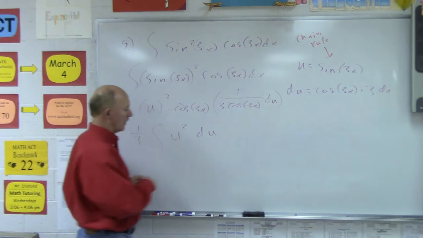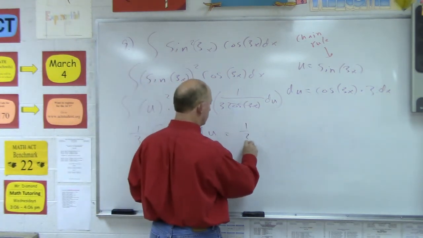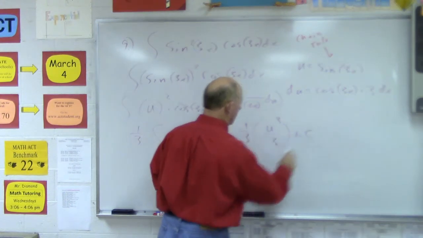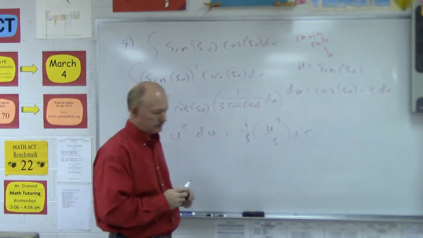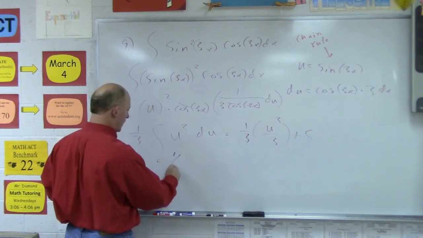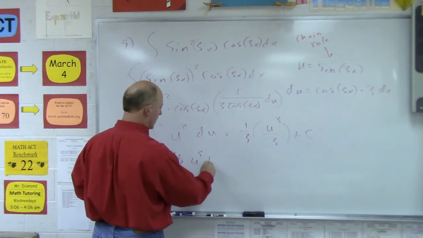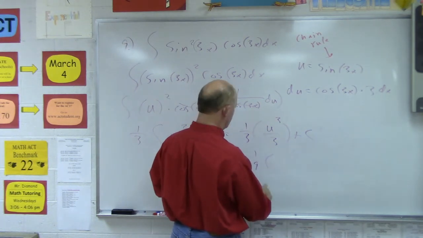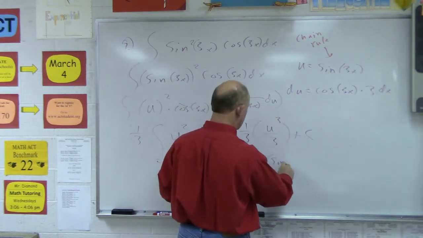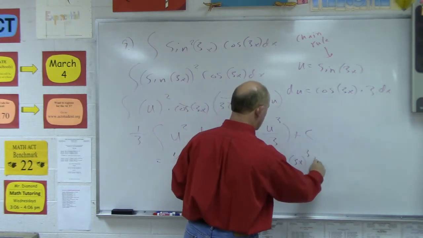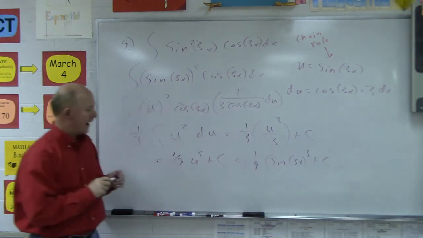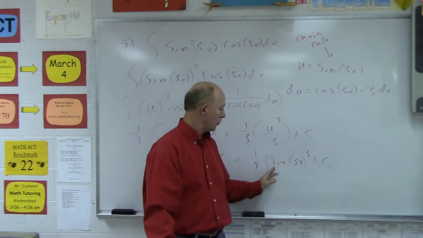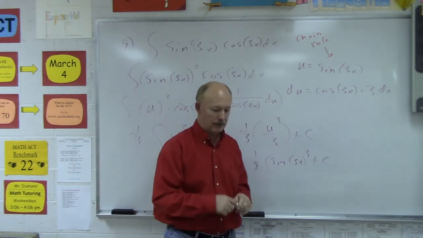So this will be 1/3 u to the third power over 3, plus our constant of integration, and this becomes 1/9 u to the third plus c, which is 1/9 times sine 3x to the third power plus c. So our final antiderivative is 1/9 sine 3x quantity to the third power plus c.